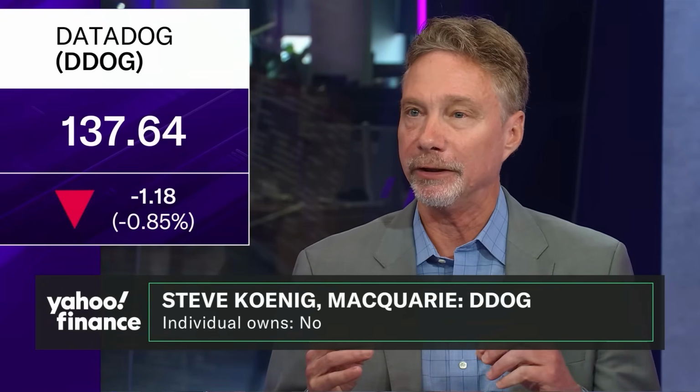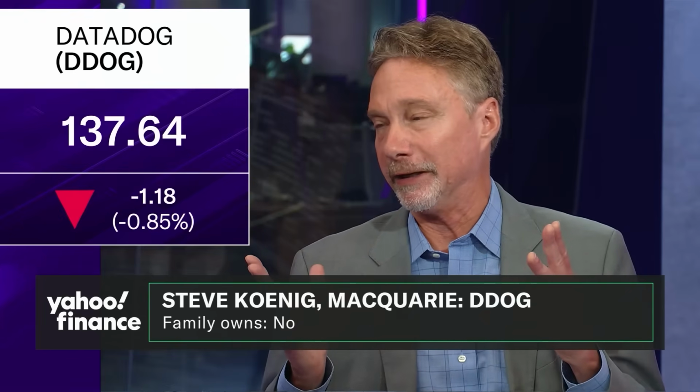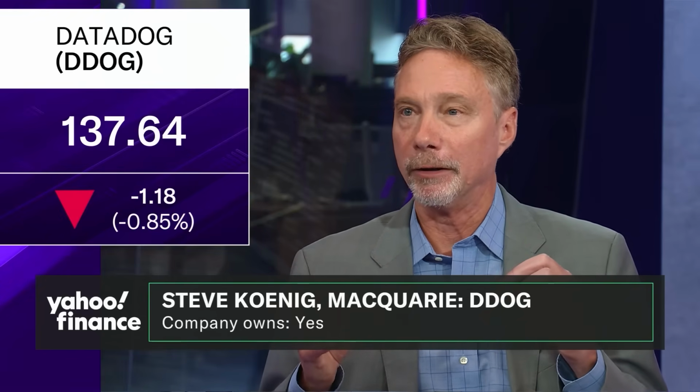So we like Datadog. Really it has to do with their market position and share gains in DevOps, and in particular, observability is their category. It's really about helping software developers and tech operations, when they're putting into place new applications, assure that those applications perform properly.